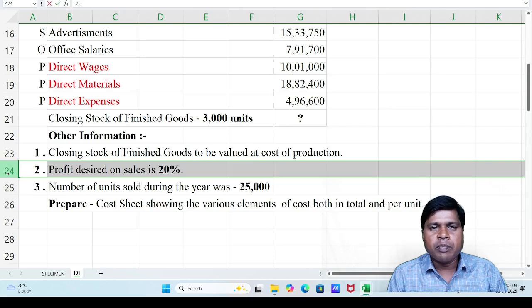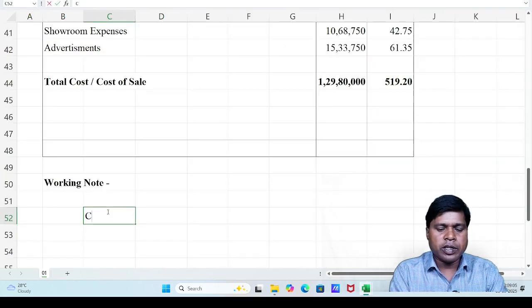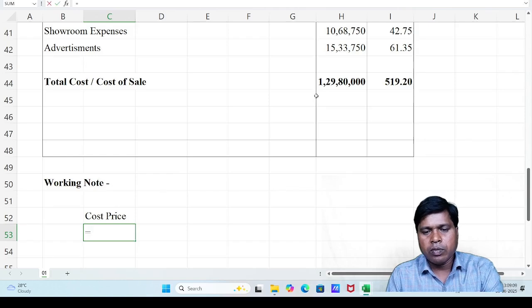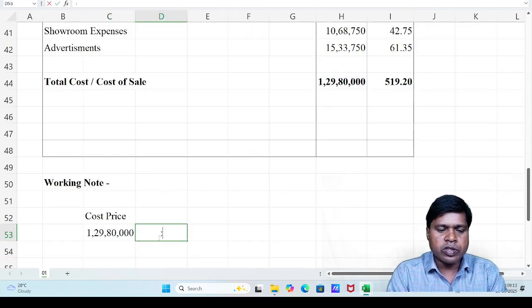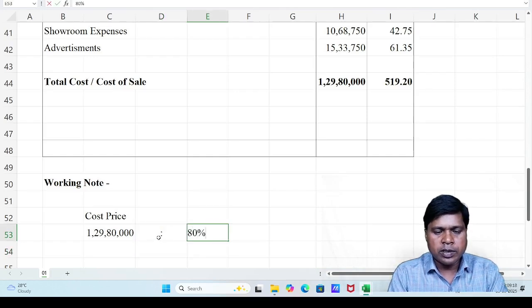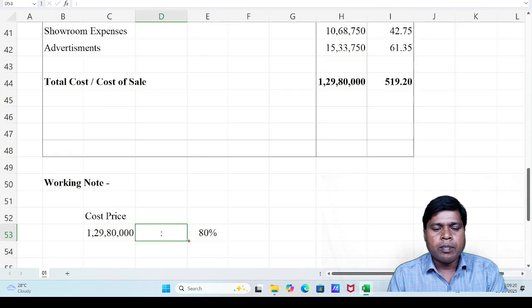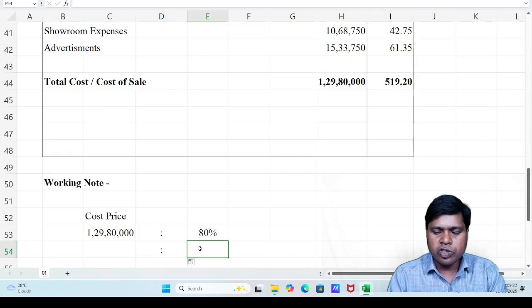If selling price is 100%, we have to consider cost price as 80%. So I am writing here the cost price amount available, 1 crore 29 lakh 80,000. We have to consider this amount as 80%, then profit is 20%.